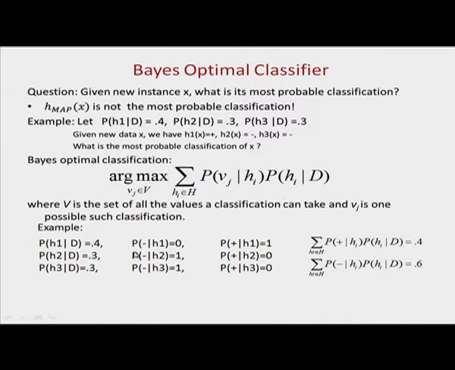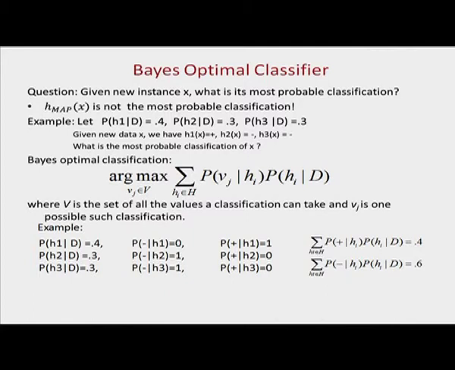In the example we have seen, probability of H1 given D is 0.4, H2 given D is 0.3, H3 given D is 0.3. Therefore, probability of negative given H1 is 0, negative given H2 is 1, negative given H3 is 1, and probability of plus given H1 is 1. If you apply the Bayes optimal classifier, we see that the probability of plus is 0.4 and the probability of minus is 0.6.